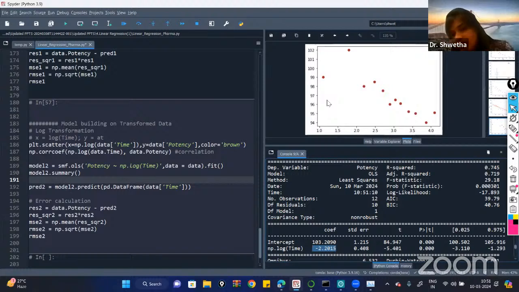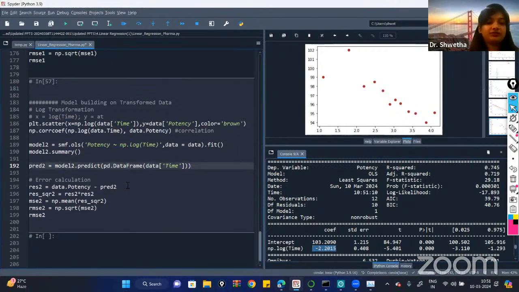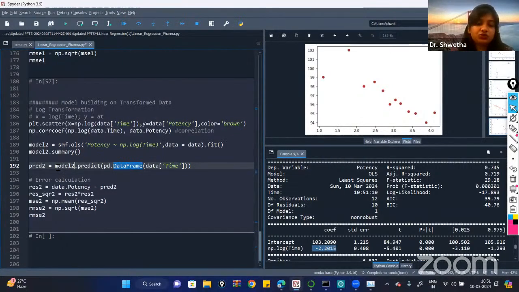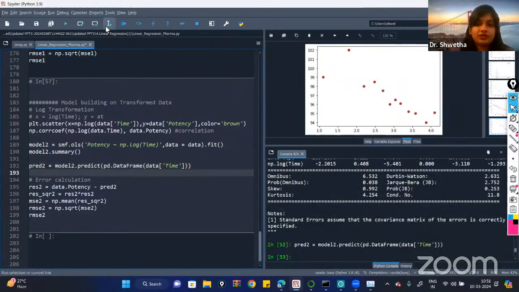Okay, the log x values have a better correlation with the y, and by this we will be able to better predict. Now, we can use model2.predict and pass the data. This will predict the new values, and for that we can check the RMSE. RMSE is nothing but root mean squared error.